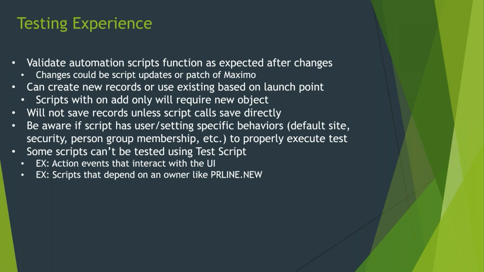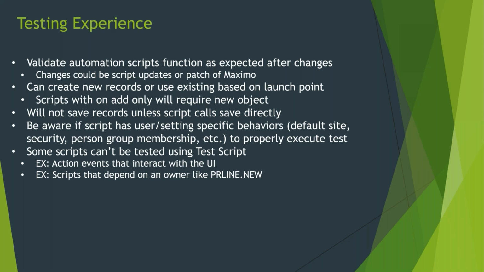What that test script allows you to do is, based on the data that we know about that automation script, we kind of drive the UI. So if you're testing a REST-based API, as an example, you're going to want to define certain things like query parameters, and you can do that. If you're doing an object launch point, like object save, then you have one or two options.